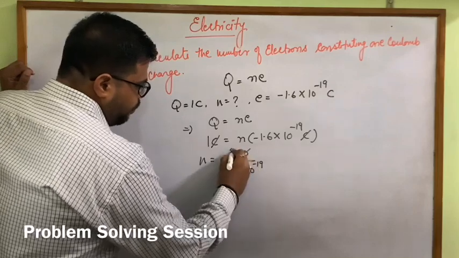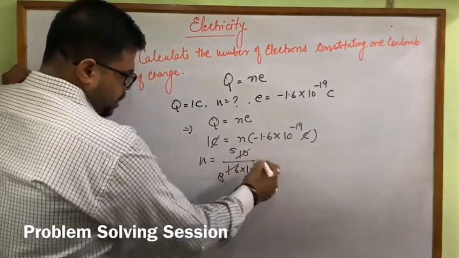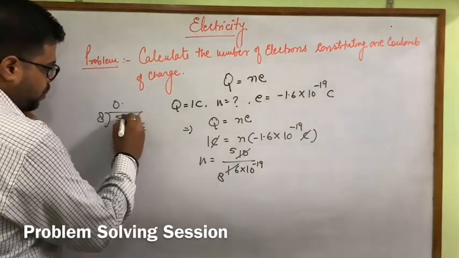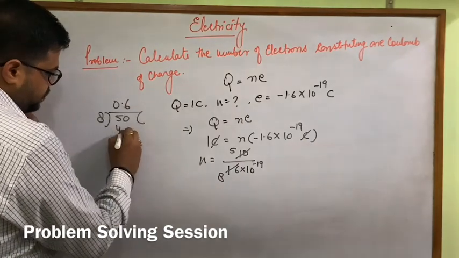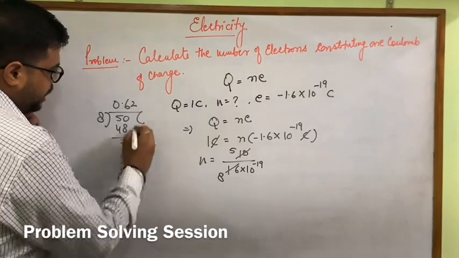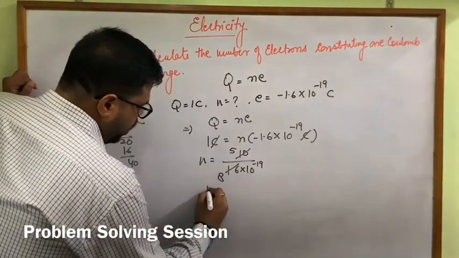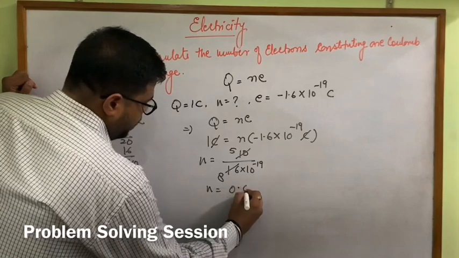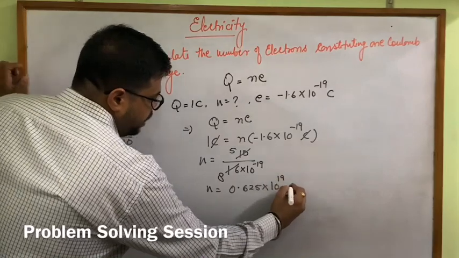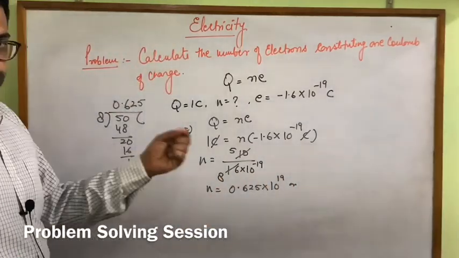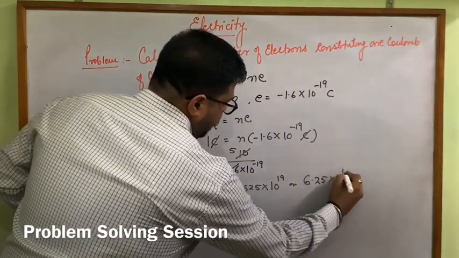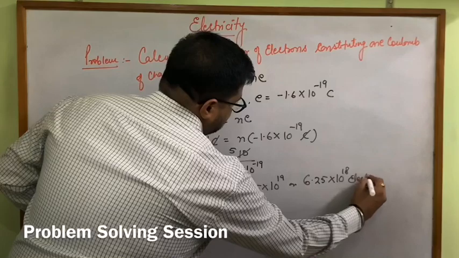Now we divide: 10 divided by 16 gives 0.625. So the numerical value n will be equal to 0.625 into, by the law of exponents, 10 raised to the power 19, or we can shift the order of magnitude, so it will be 6.25 into 10 raised to the power 18 electrons.